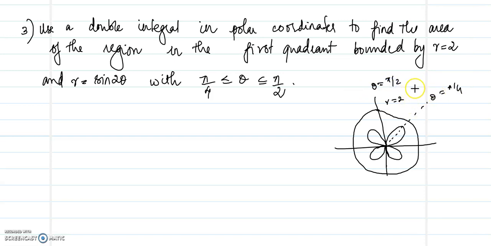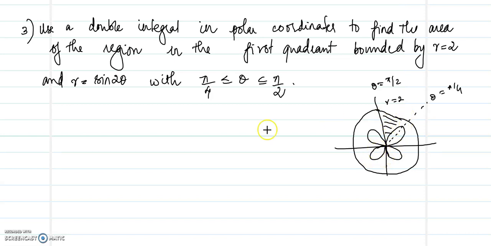So we need to use a double integral to find the area of the region in the first quadrant that is bounded by r equal to 2 and r equal to sine 2 theta. So we need to find out the area of this portion.